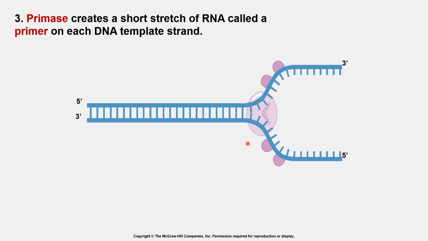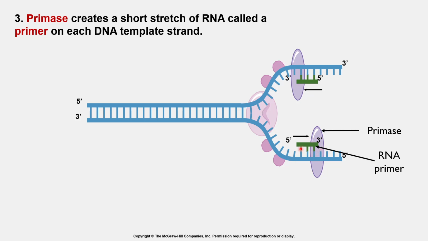The job of primase is to create a little piece of RNA, which you may have remembered is DNA's cousin, called a primer on each of the DNA template strands. So primase will come on the scene and it will build a tiny piece of this molecule called RNA or ribonucleic acid, which is referred to as a primer.